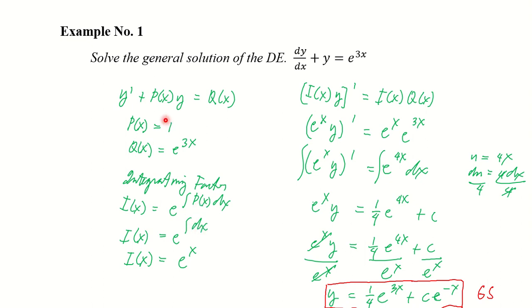Our p of x here is 1, so there's no need for us to write 1 beside the dx. So the integral of dx is x. Our integrating factor, therefore, I of x is equal to e raised to x. We will be needing this in solving the general solution of the first order linear differential equation.